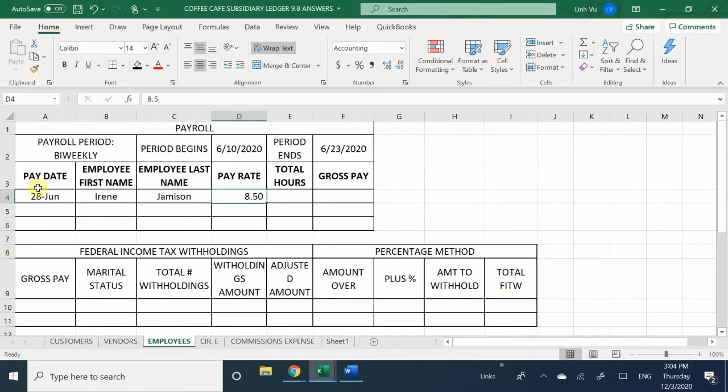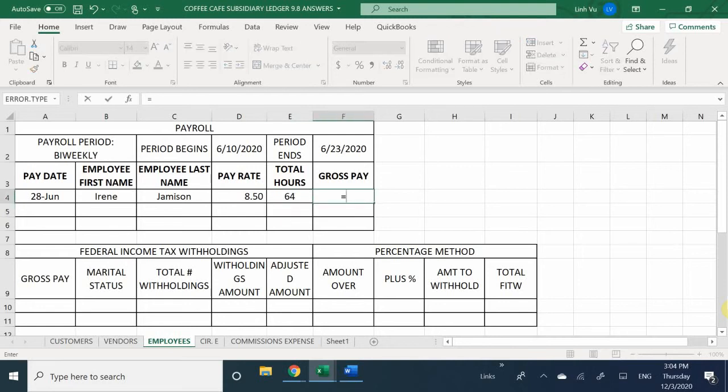We have the pay date, which is the 28th, which is today. We have the name. Her rate is $8.50. Total hours: how many hours did she collect from us? 64, bringing us a total gross pay of $544.